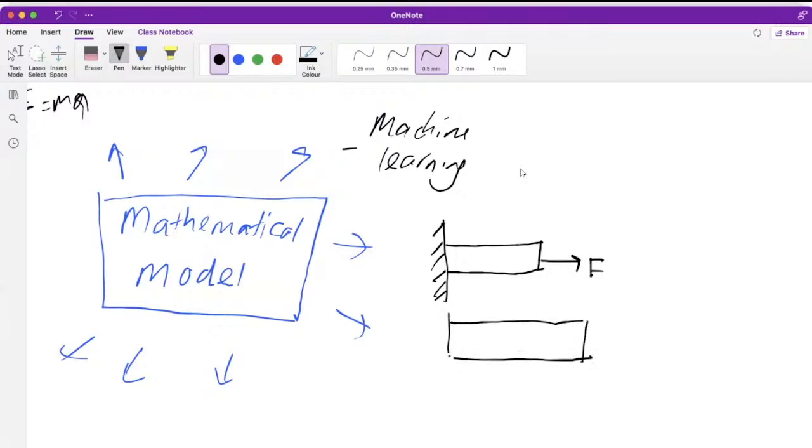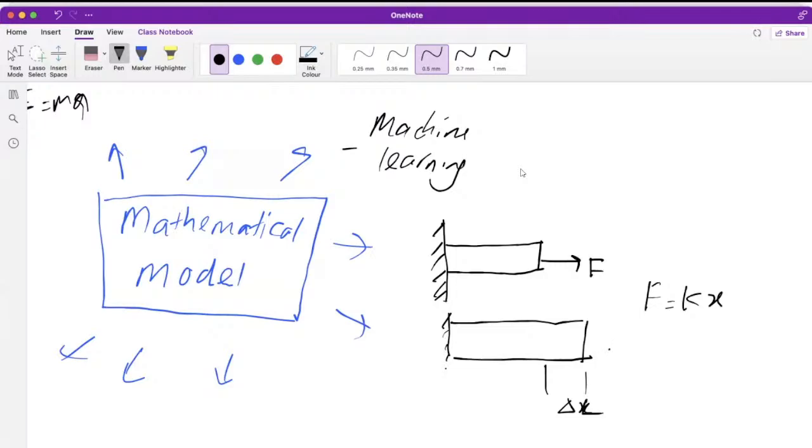Because it's elastic. So subject to this, remember, this is something like F equals Kx. This is Hooke's law, right? So you can know the delta L and so on.